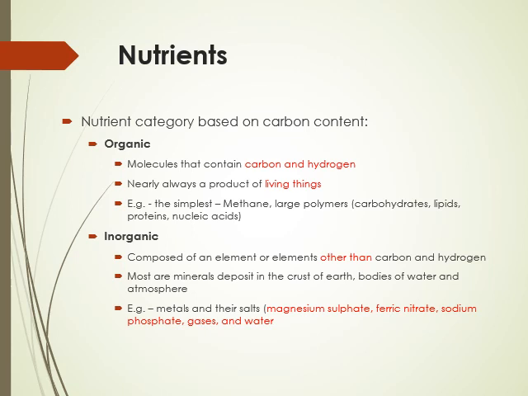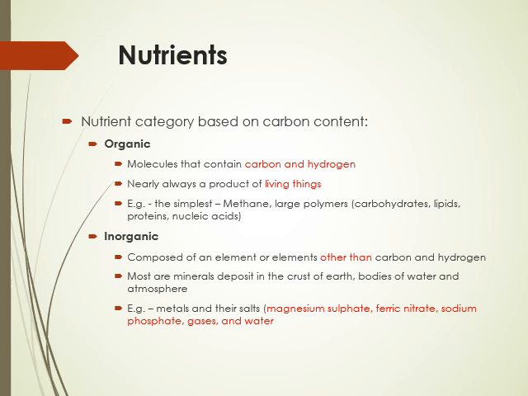For example, the simplest organic compound is methane, because it has CH3, right? The simplest one. And the large polymers of organic compounds are carbohydrates, lipids, proteins, and nucleic acids. So those are the macromolecules that are in the group of organic compounds.